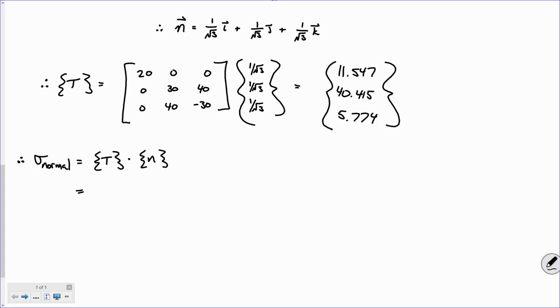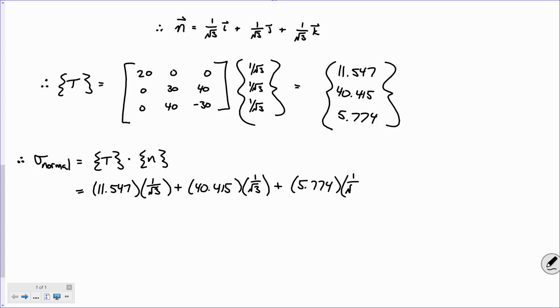So it would be 11.547 times 1 over the square root of 3 plus 40.415 times 1 over the square root of 3 plus 5.774, 1 over the square root of 3. Do that and you get a normal stress of 33.33. And that would be, I guess, what, KSI? If this problem was originally in KSI.